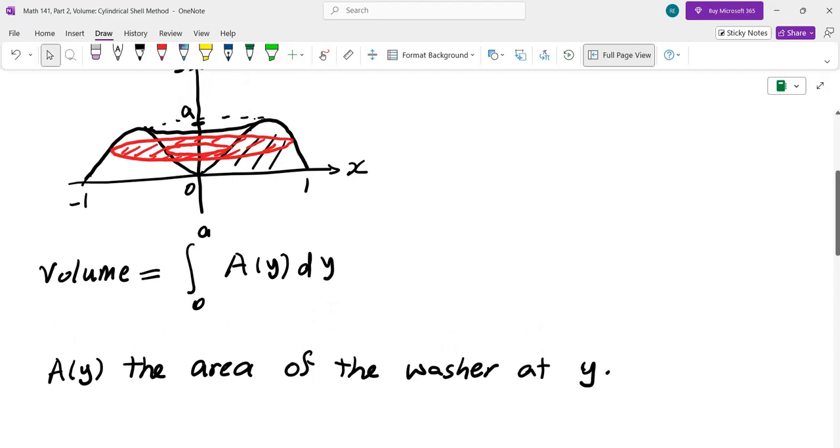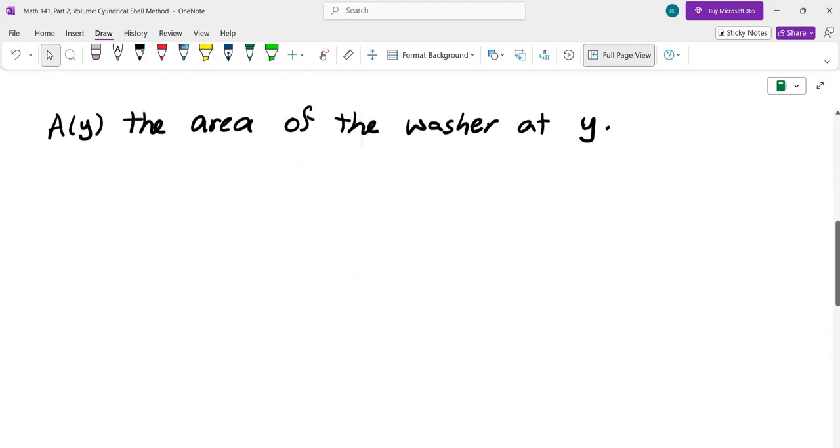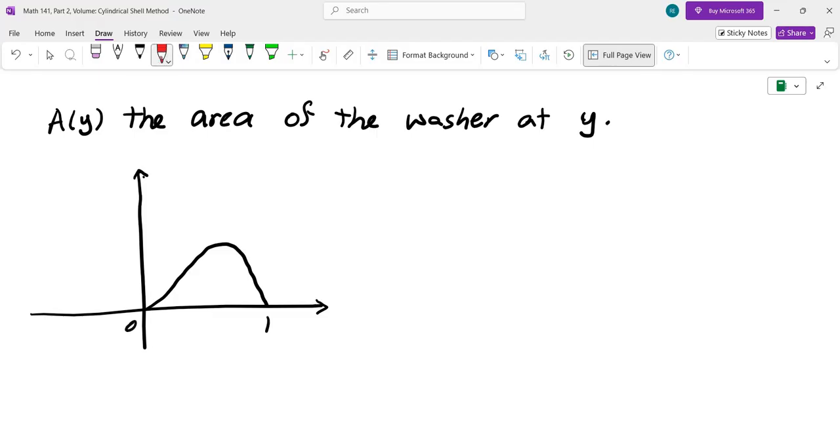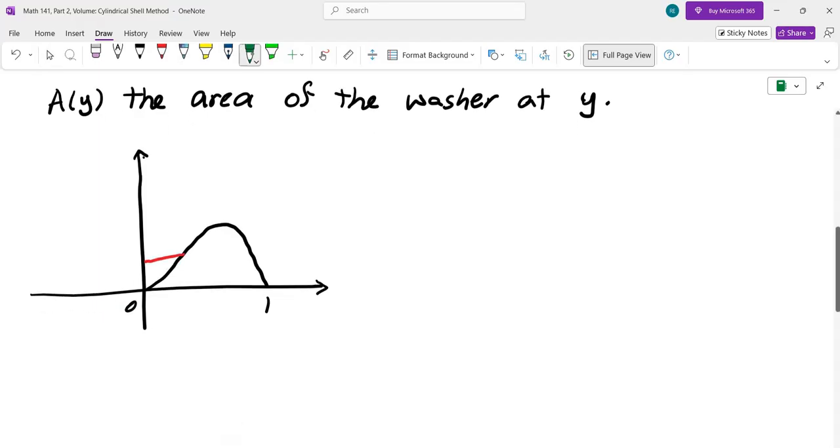Now, if you look at the curve, I'm going to draw that again. How do we find the area of the washer? We need to look at the curve and find the inner radius and the outer radius.